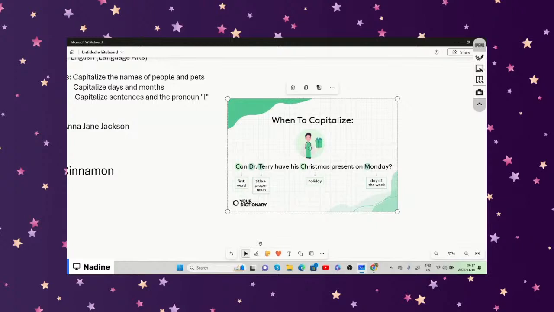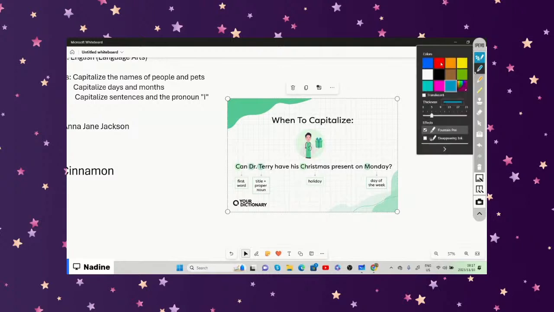So always the beginning of the sentence needs to be capitalized. So remember that your beginning of the sentence, or your start of the sentence, needs to be capitalized. So that first word needs to be capitalized.